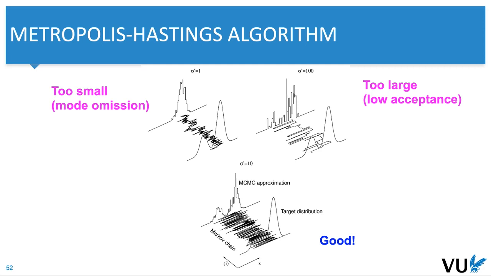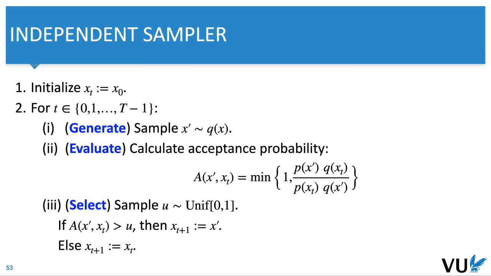You know, like in life, nothing is for free. So in the Metropolis-Hastings algorithm, the proposal distribution is crucial, right? And how we define it is extremely important. And again, not simple. Another example, a simplified version of the approach, is the so-called independent sampler.